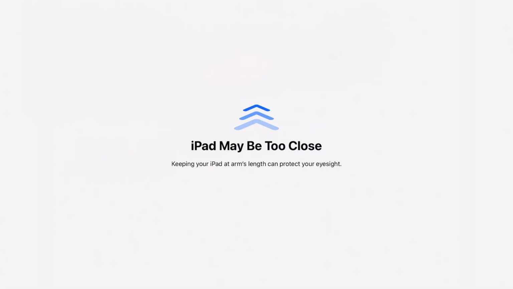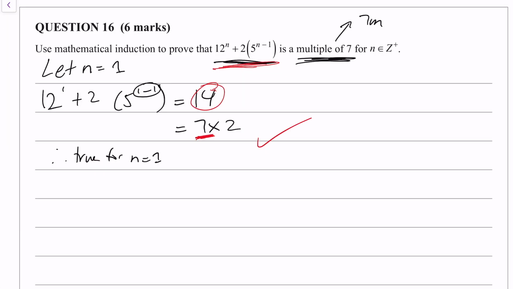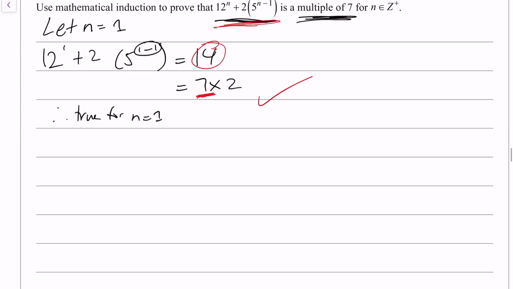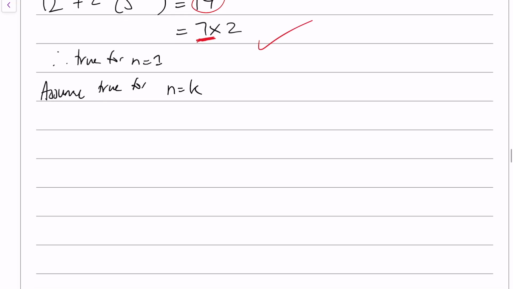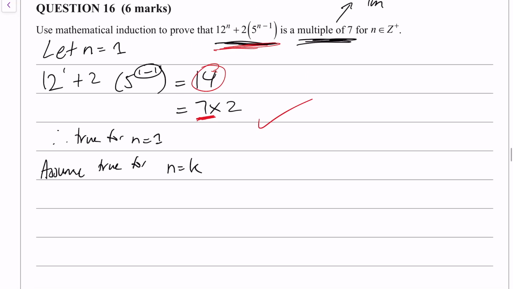It's the same for every question you'll get on mathematical induction. The second mark is by correctly formulating an appropriate assumption. So now we say assume true for n equals k. In this case, everywhere there's n, just put a k.